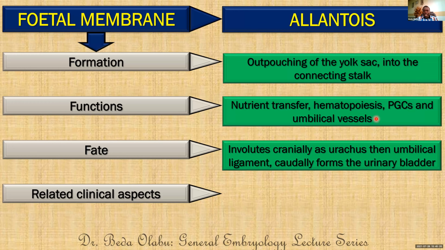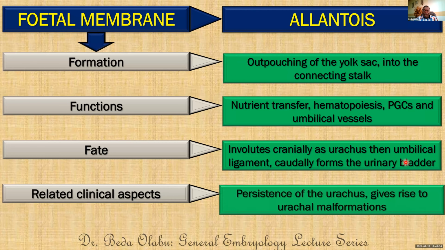In terms of fate, the cranial end will involute initially as urachus, then become the median umbilical ligament. The lower end is incorporated into the urinary bladder. The clinical aspects of the Allantois are related to persistence of the urachus, so giving rise to a spectrum of malformations that we are calling urachal malformations: urachal fistula, urachal cyst, urachal sinus, and bladder diverticulum.